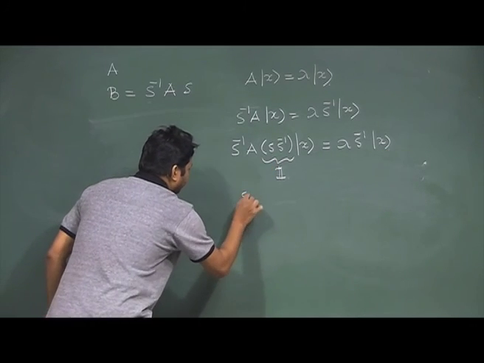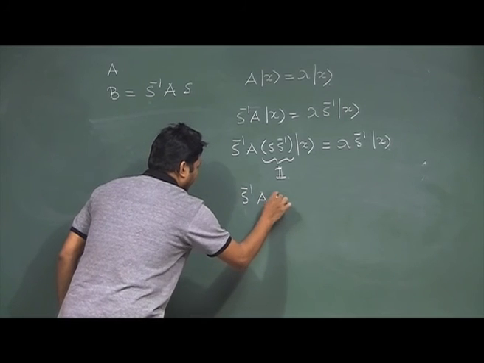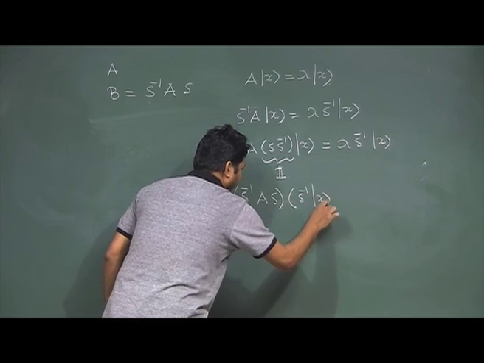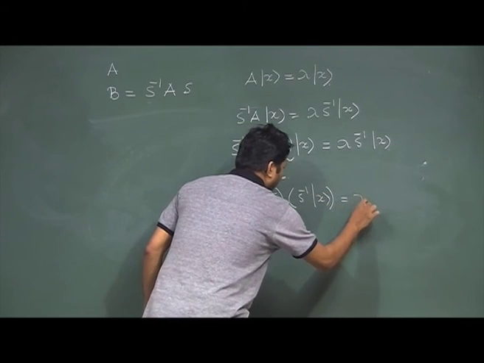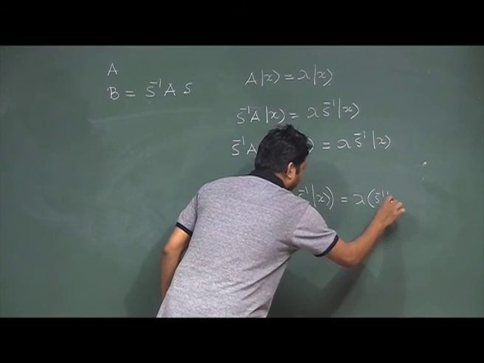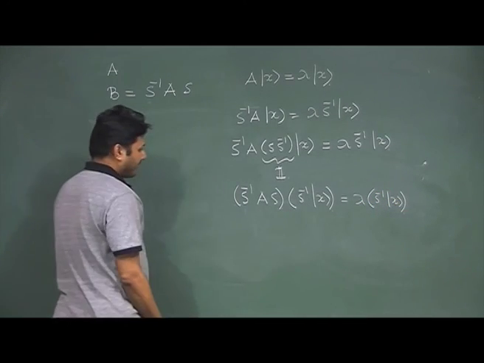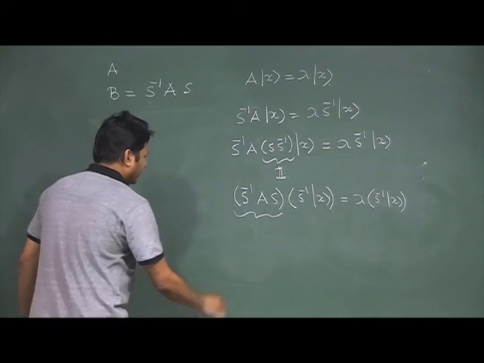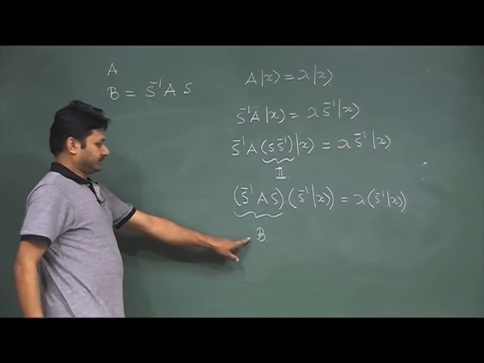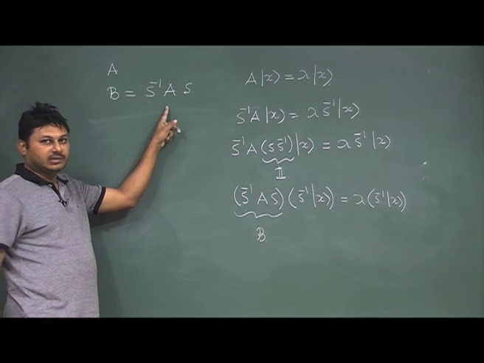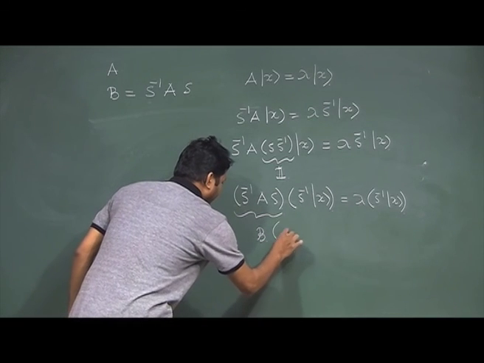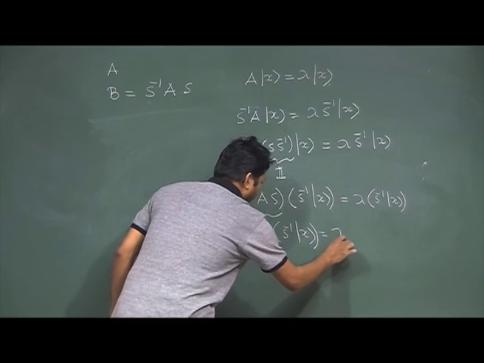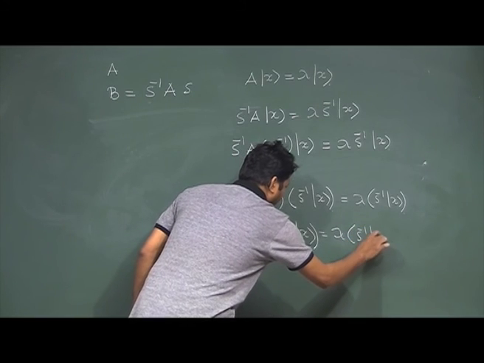I can now write S inverse A S S inverse x is lambda S inverse x. This quantity S inverse A S is nothing but B, because B is related to this. So, B S inverse x is equal to lambda S inverse x.